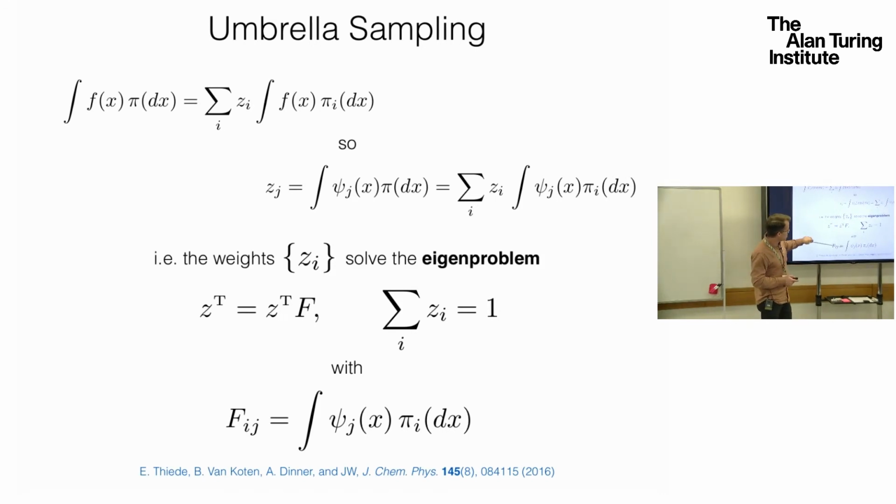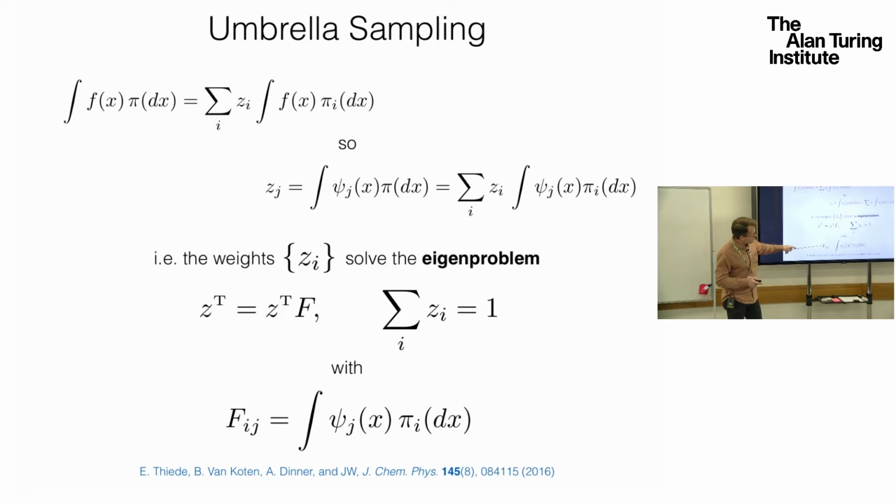It's an eigenequation with this matrix F, which happens to be row stochastic, because in the way I've described it, I've assumed that the psi j sum to 1. So this has rows that sum to 1 and non-negative entries. It's a stochastic matrix, so it has a dominant eigenvalue of 1, and z is the corresponding eigenvector.